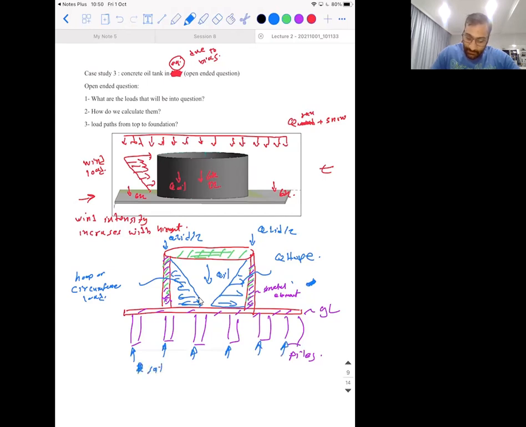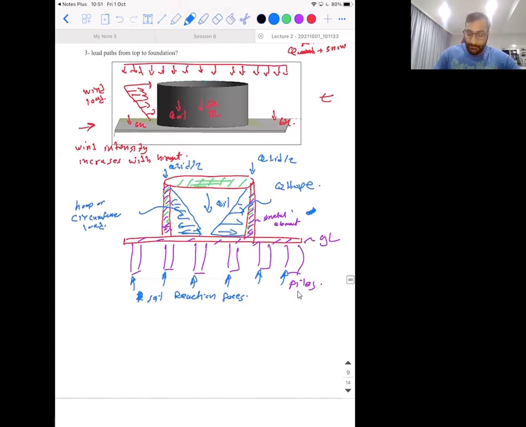Soil reaction forces. And we have the self-weight, yeah? Self-weight of the whole thing. Okay, we have a problem here. When we're calculating loads, what did we say at the beginning? Volume, right? And areas. Now we have a circular area, and that circular area has a perimeter because this is empty from the inside and we're going to fill it with water.